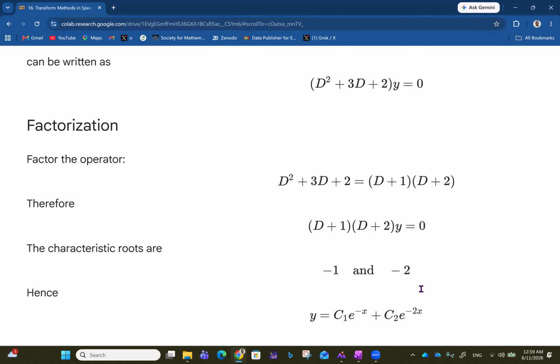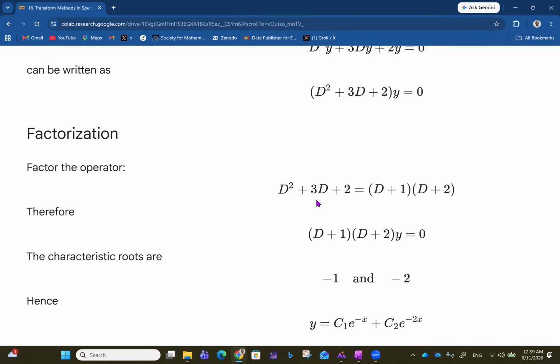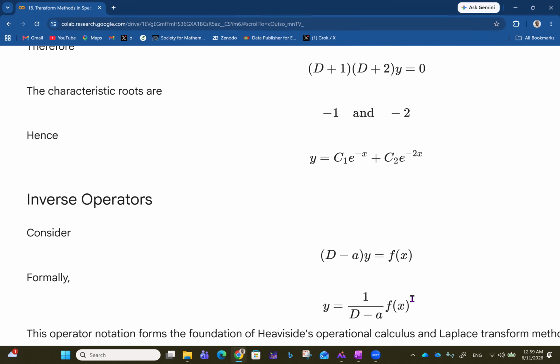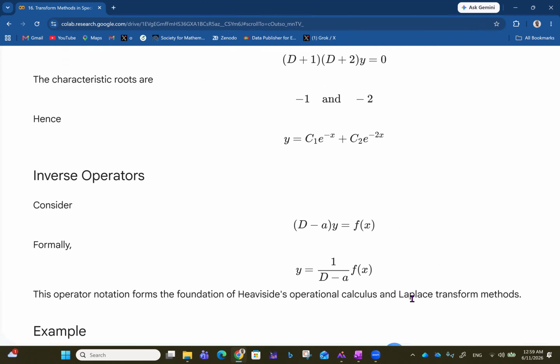If you factorize that, you get D plus 1 into D plus 2. Therefore, D plus 1, D plus 2 multiplied by y is 0. So the characteristic roots will be D equals minus 1 and D equals minus 2. Once that is obtained, you have y equals c1 e to the minus x plus c2 e to the minus 2x.